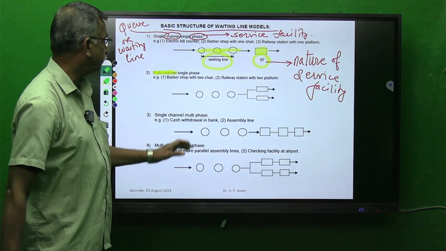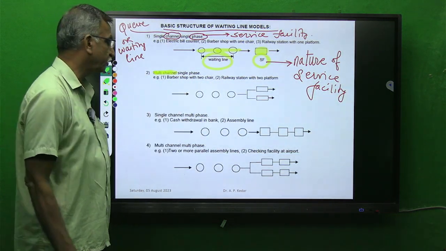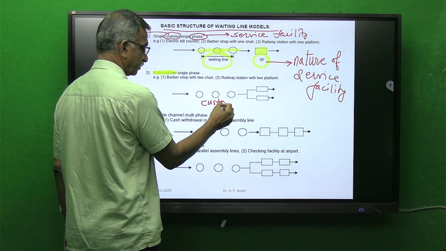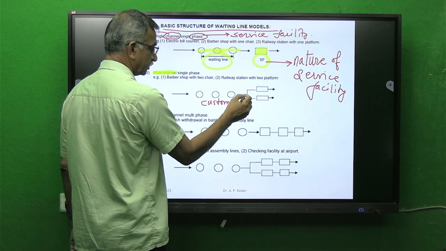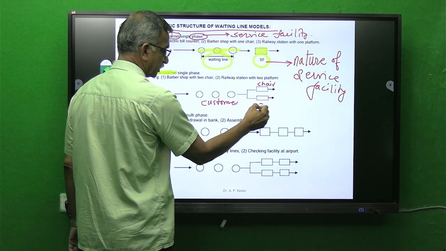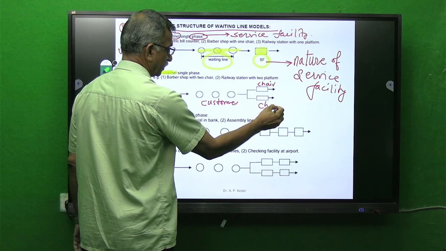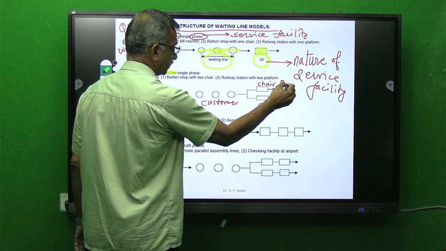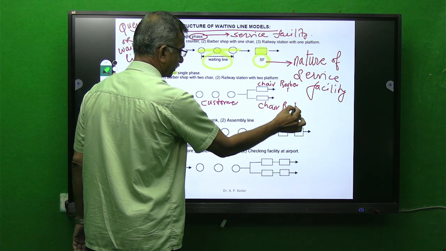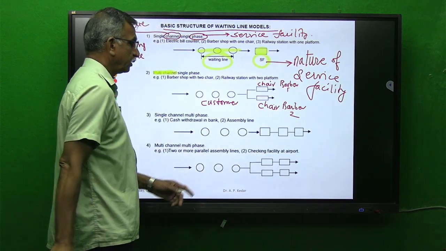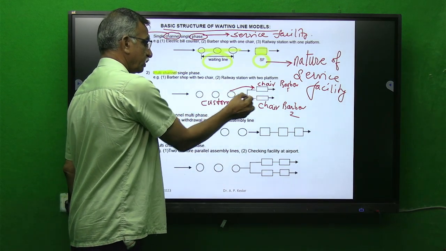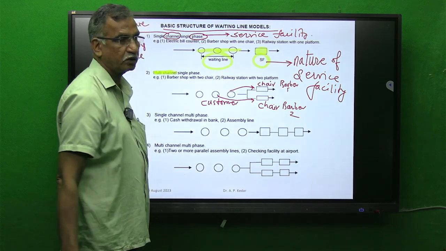So if the barber is having more than one chair, what will we do? We form a queue, this is nothing but customers, and then depending on the turn, this is a barber chair, this is a chair, here barber 1, here barber 2. What will happen? If this chair is empty, this person will go to this. If this chair is empty, this person will go to this.